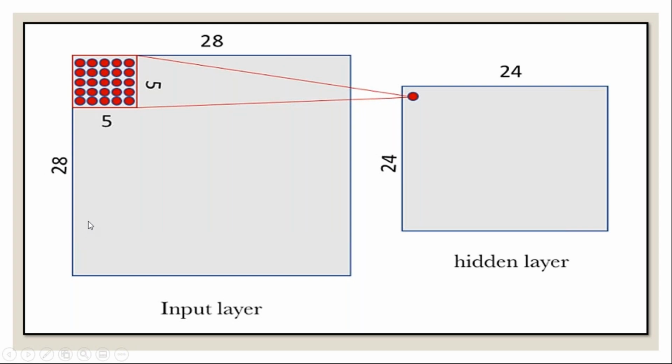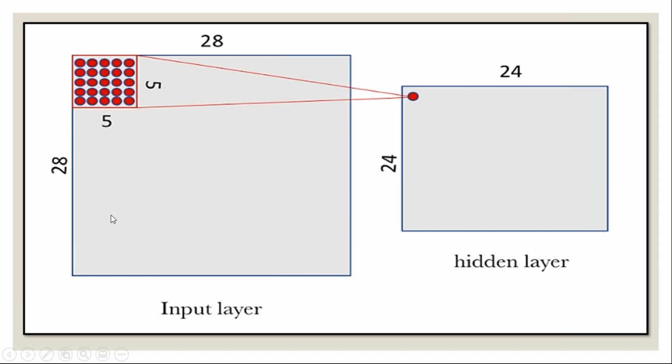After convolution, you are going to reduce the size of the image to 24 cross 24. How am I going to reduce it? Because my filter size is 5 cross 5. You understand? So now I'm applying a patch, just applying a patch for one neuron, 5 cross 5.